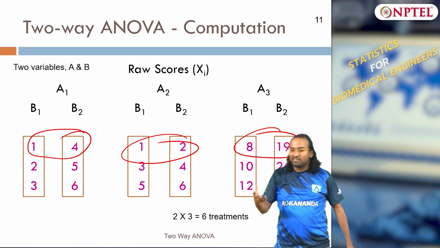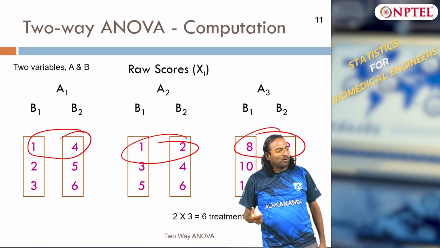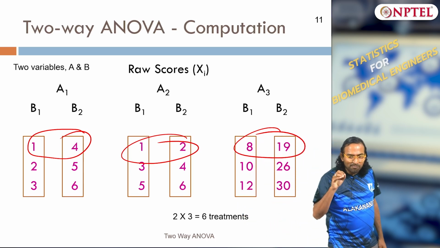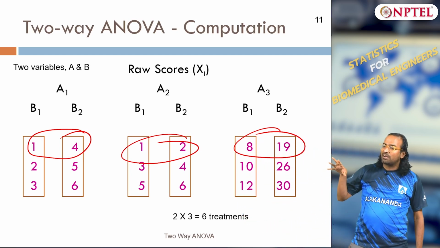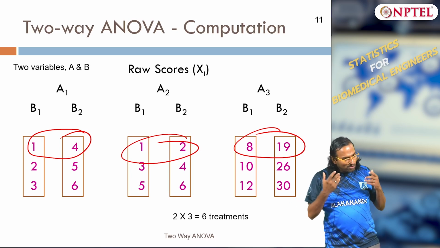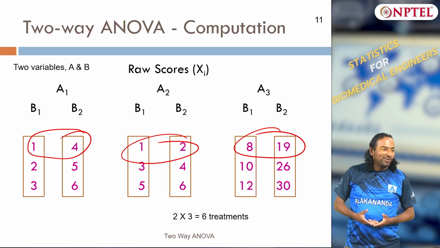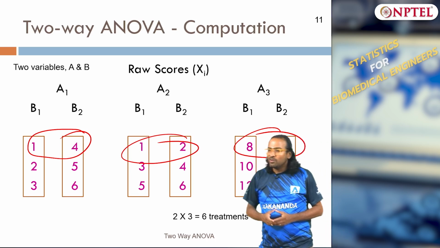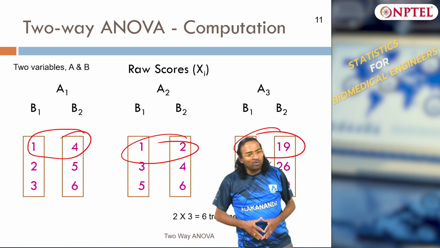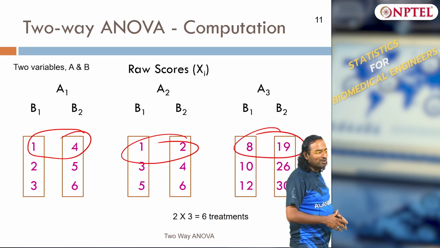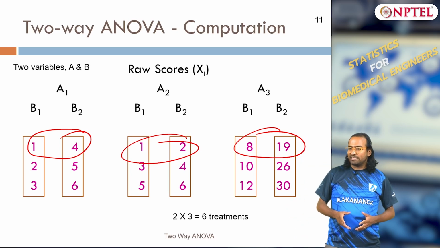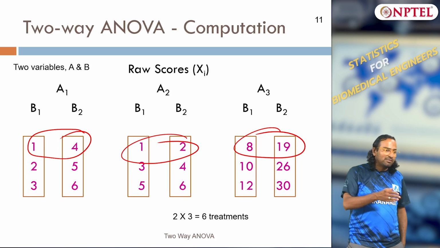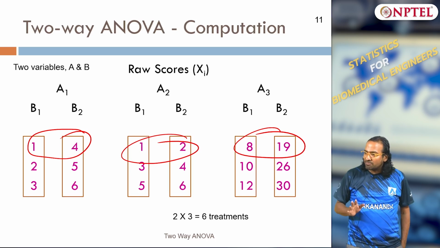Why? Because if you do only one round, your degrees of freedom will be very close to 0 for sum squared error. In fact, you will not have anything left for sum squared error. So whenever you do a factorial experiment, remember you have to do replications, otherwise you will not have enough degrees of freedom for your SSE.